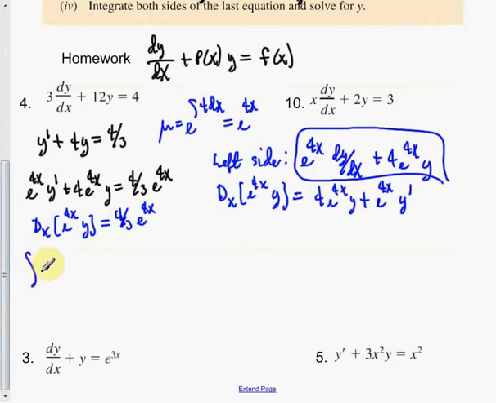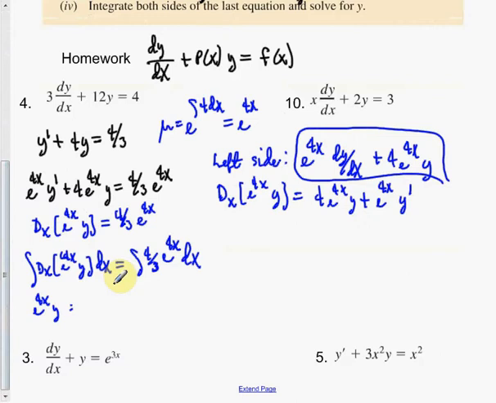So now I integrate both sides. So we integrate the derivative, and all we have left is e to the 4x times y. I integrate 4 over 3, which I just put out in the front. So I'm actually integrating e to the 4x.